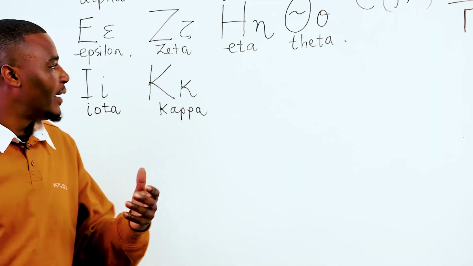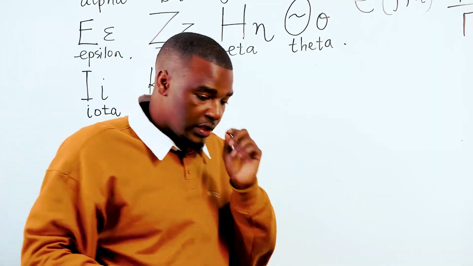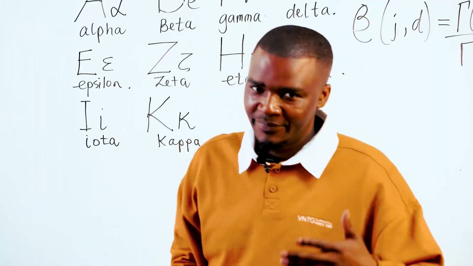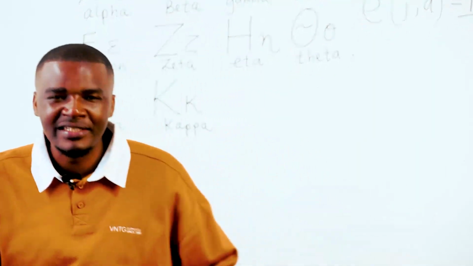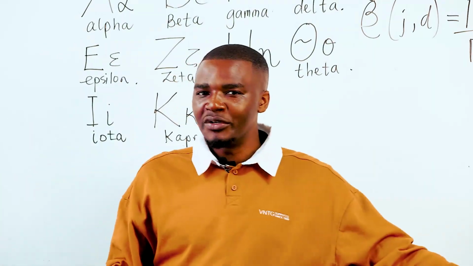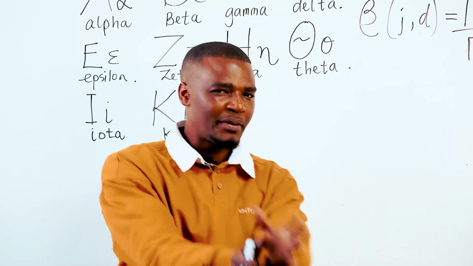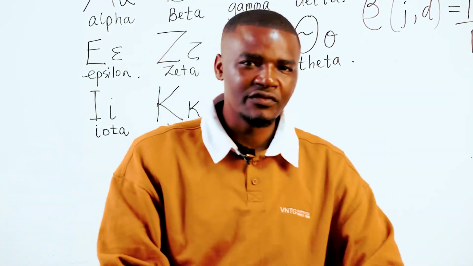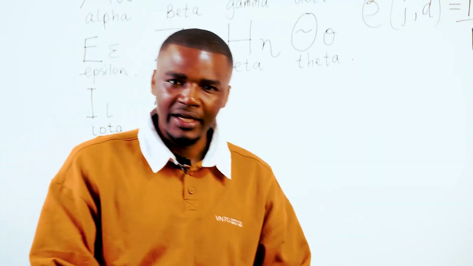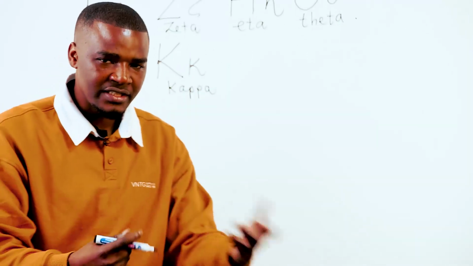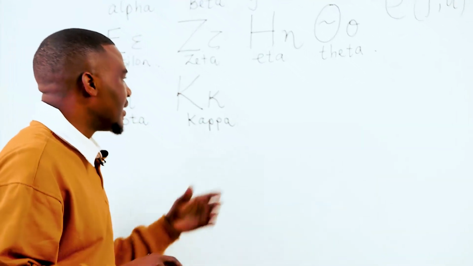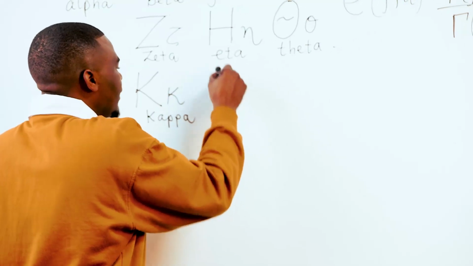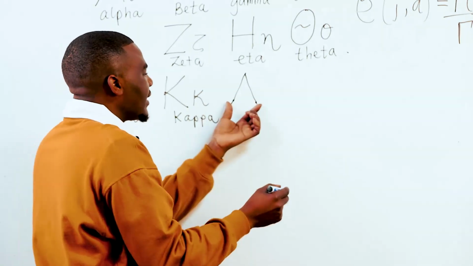Then after kappa, we have what is called a lambda. I've used the lambda a lot when I was studying mathematics. If you're doing linear algebra, let's say you analyze a particular system and you're trying to solve the variables that have been changed in a particular system, you come up with what are called eigenvalues. Mathematicians, they love to denote these eigenvalues with this Greek letter lambda.